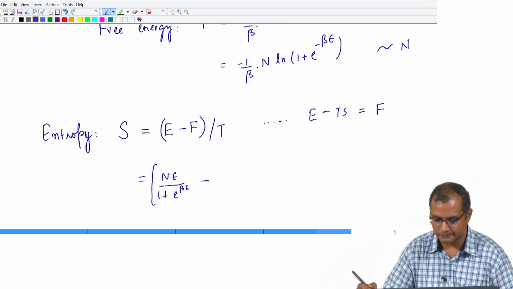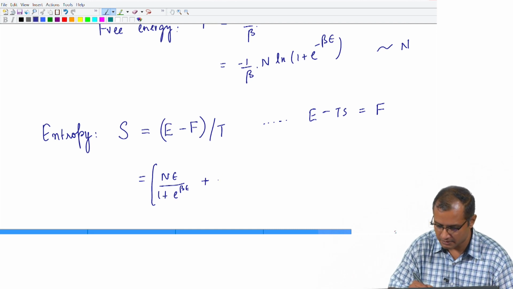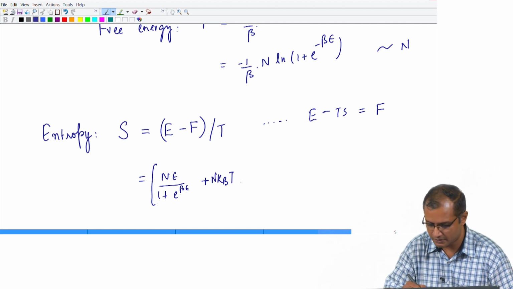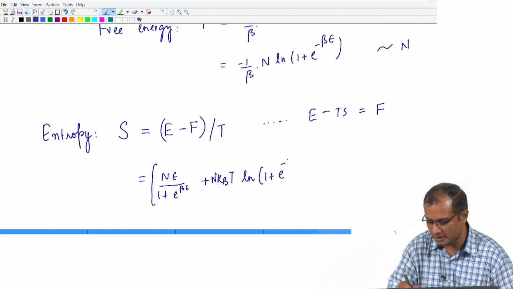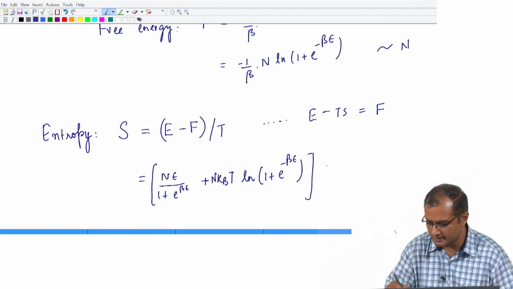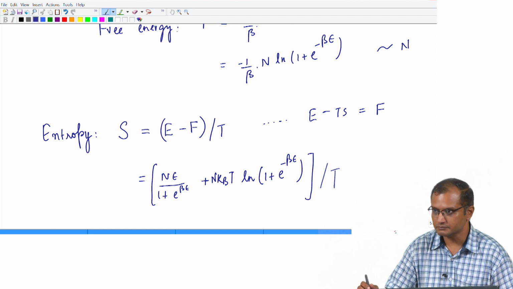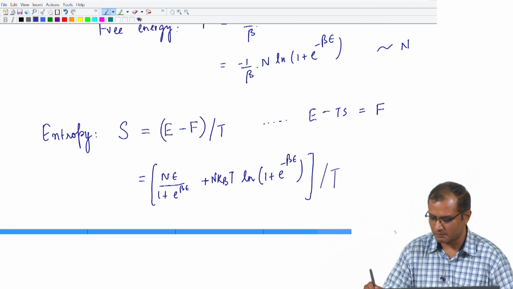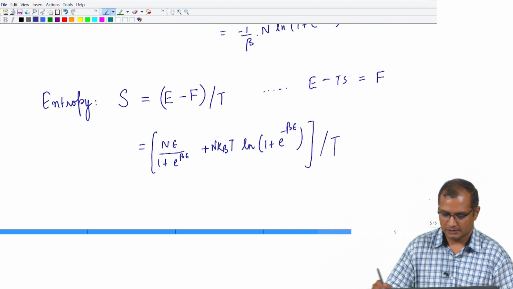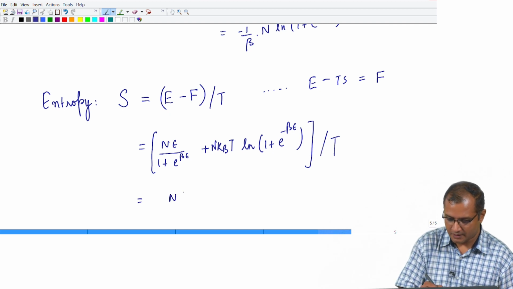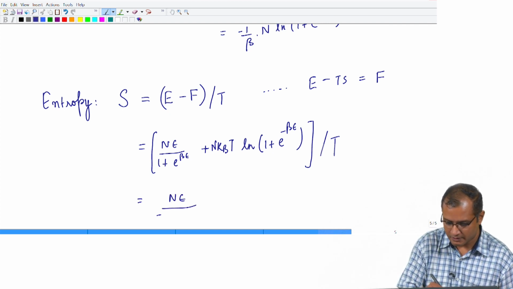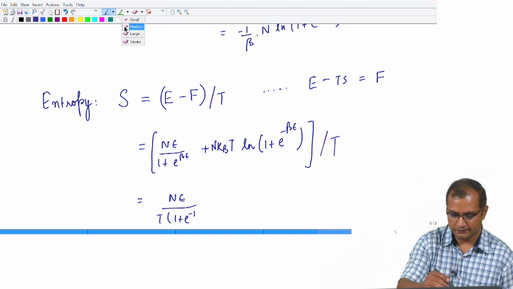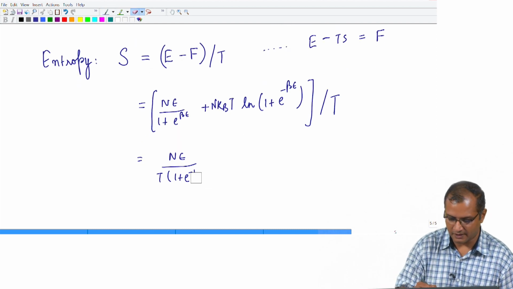So, I am going to write it as plus N kBT into ln(1 plus e raised to minus beta epsilon), the entire thing divided by T. Fine. Free energy is already minus N kB T into ln(1 plus e raised to minus beta epsilon), and so I can write this as N epsilon over T into 1 plus e raised to beta epsilon.